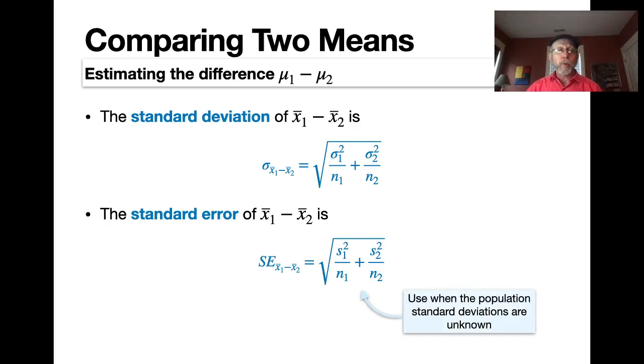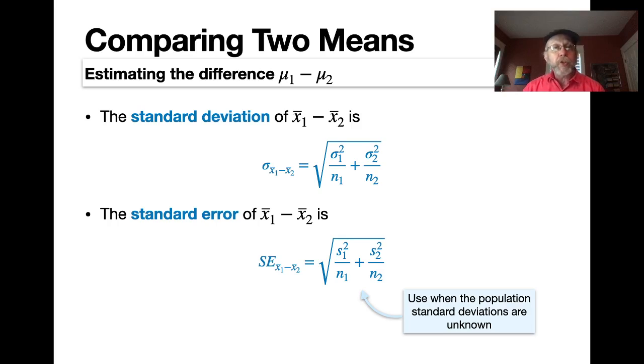We will use the standard error in place of the standard deviation whenever those population standard deviations, sigma 1 and sigma 2, are unknown. So we know the center of the sampling distribution, we know the standard deviation, or at least we can estimate it using the standard error.